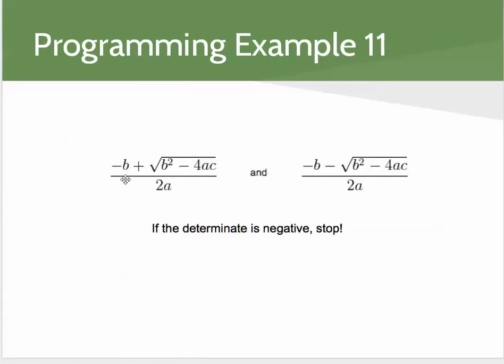Let's just do the first root first. We've got negative b plus the square root of this stuff divided by 2a. Not talking about if conditions or anything like that. A simple word of advice from me would be, whenever given an equation like this, solve for the numerator first, and then create a variable to hold that numerator, and create a variable to hold the denominator, even if it's quite simple.